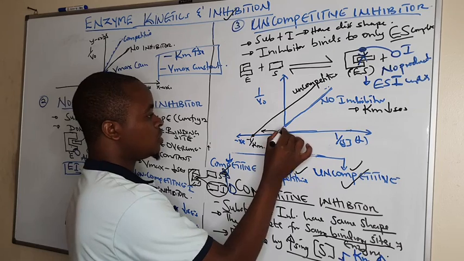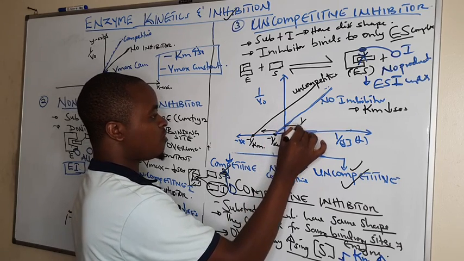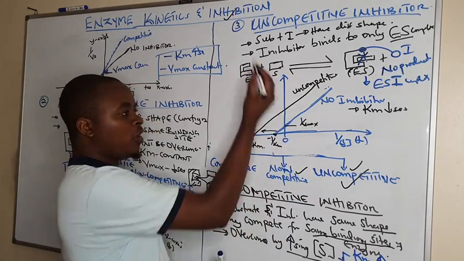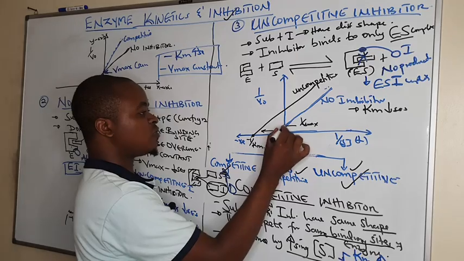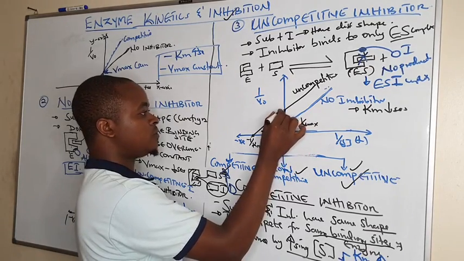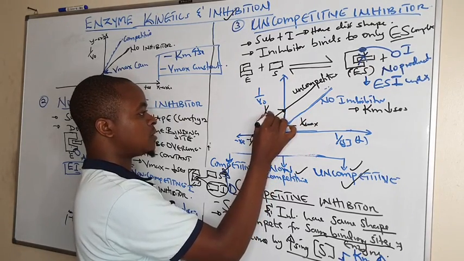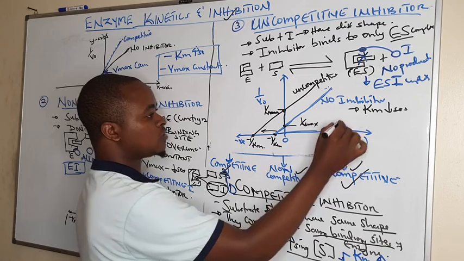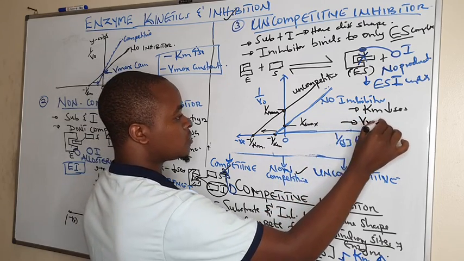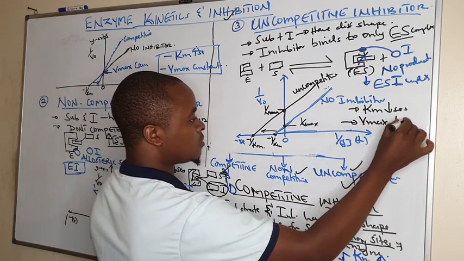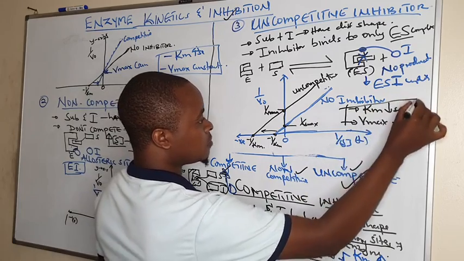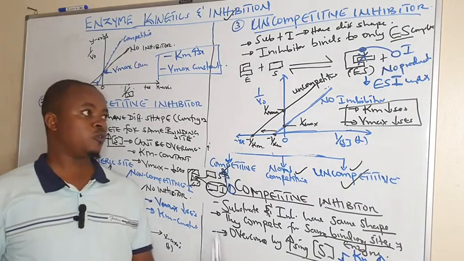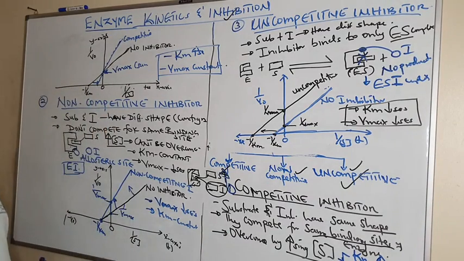And also, since this was 1 over Vmax, and this is a reciprocal, by going up, you are decreasing. So if it shifts from here to here, 1 over Vmax also decreases. So we are saying Vmax decreases also, for an uncompetitive inhibitor.